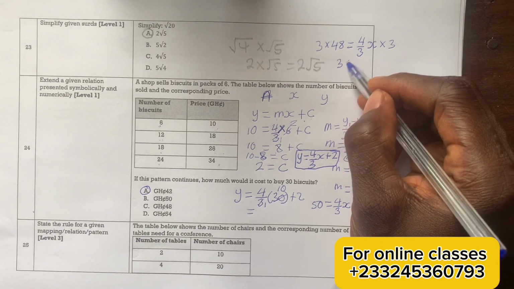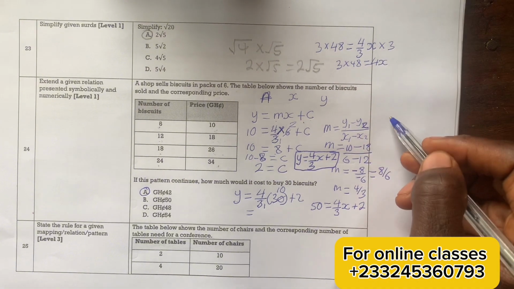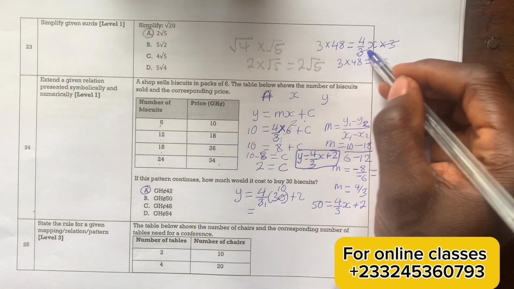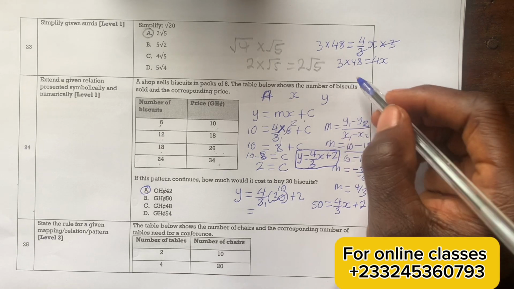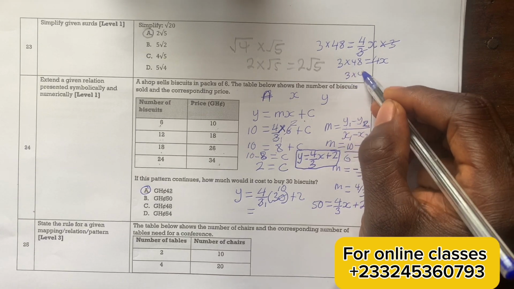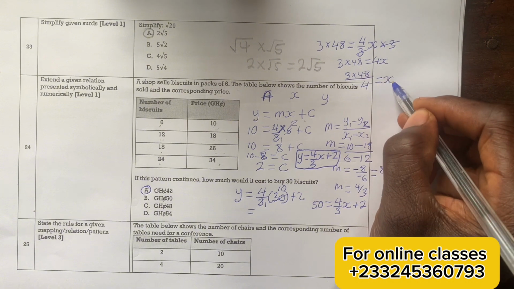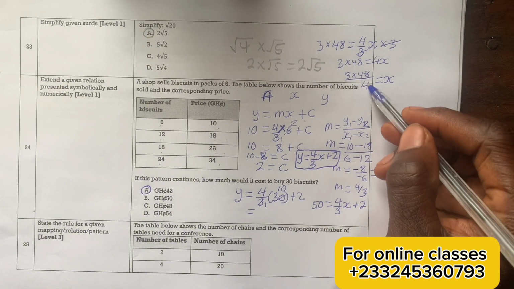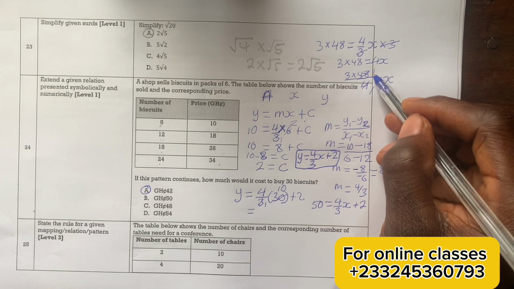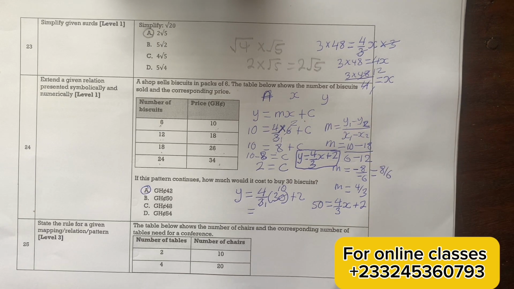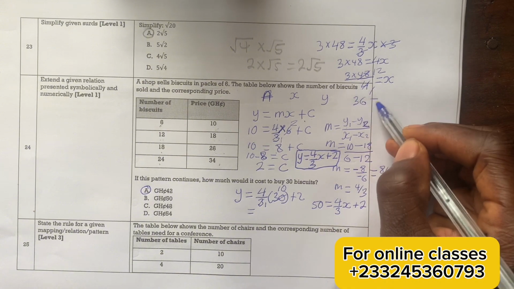This will give us 3 times 48 equals 4 times x, because this 3 will cancel this 3. Now, don't multiply, just divide through by 4. So I have 3 times 48 divided by 4 equals x. The 4 will divide 48 twelve times. So 3 times 12 will give us 36.